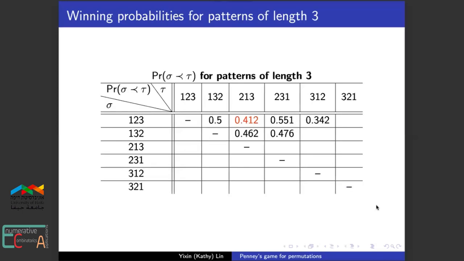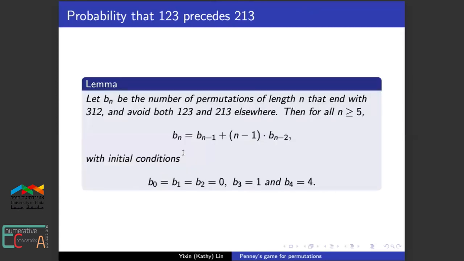Now for the probability that 1, 2, 3 will show up before 2, 1, 3, we first compute the number of permutations that end with 3, 1, 2 and avoid both 1, 2, 3 and 2, 1, 3, which is given by a recursive form.